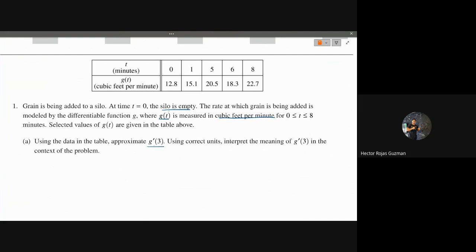All right, since we have a table given g of t and we're looking for g prime, we're going to have to use our average rate of change: g of b minus g of a divided by b minus a. We're going to take the values closest to 3. So we're doing g of 5 minus g of 1 divided by 5 minus 1, which is 20.5 minus 15.1 divided by 4.